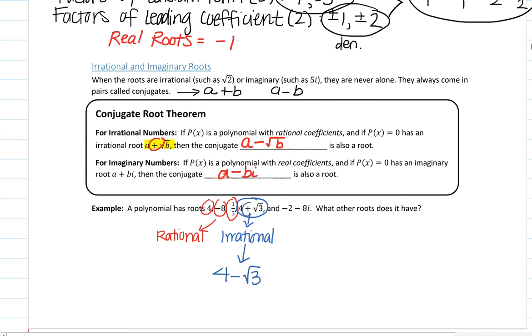We just change the sign in the middle. Then the next one we have is -2 minus 8i. This is imaginary, and imaginary roots also come in a conjugate pair, so we need its conjugate partner, which would be -2 plus 8i.